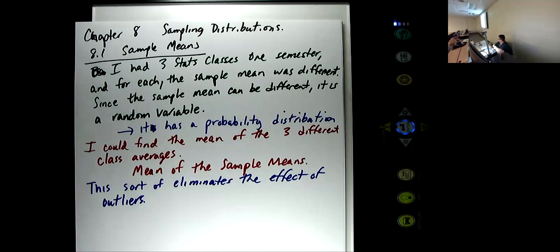Because one outlier in a class will adjust the mean a little bit. But when I average it with every other class, it kind of takes it away. You'll see we're going to do this with simulated IQ test scores in a little bit, and you'll see what I'm talking about.